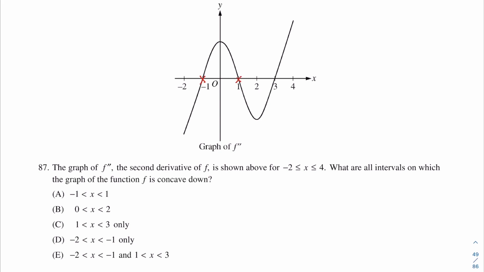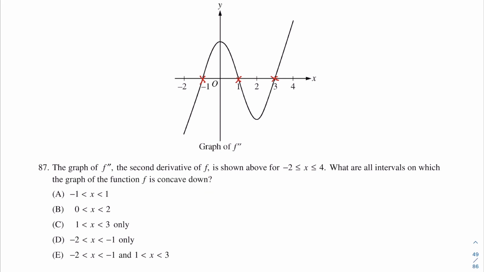And since this is a graph of f double prime, we have 3 points of inflection, which tells us that there are 3 regions of concavity. So before negative 1, between negative 1 and 1, between 1 and 3, and then after 3. So we need to find where f is concave down.